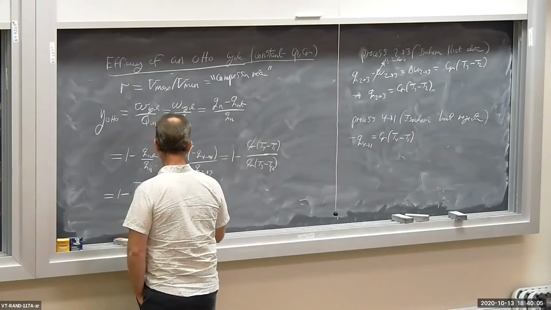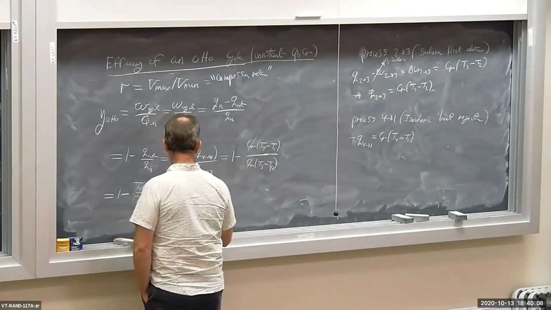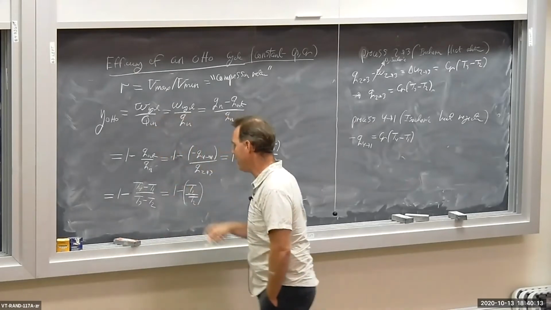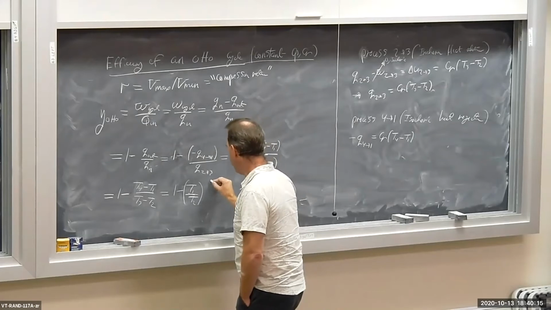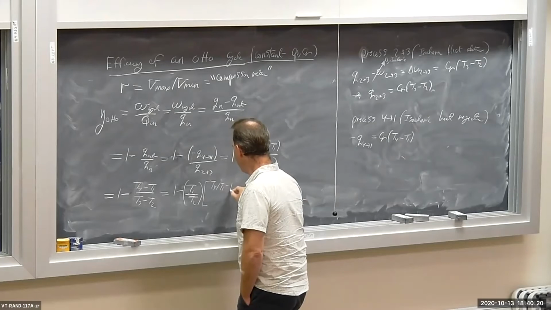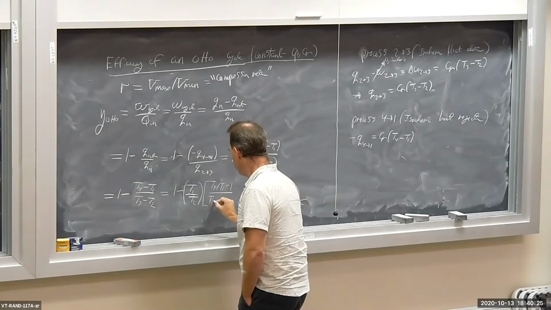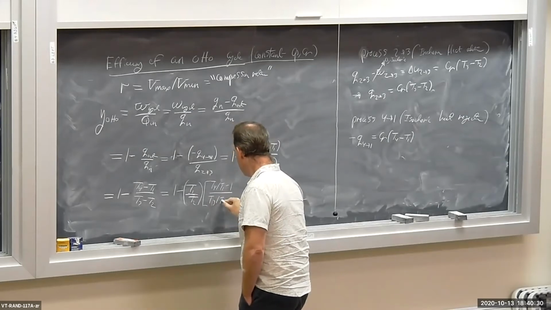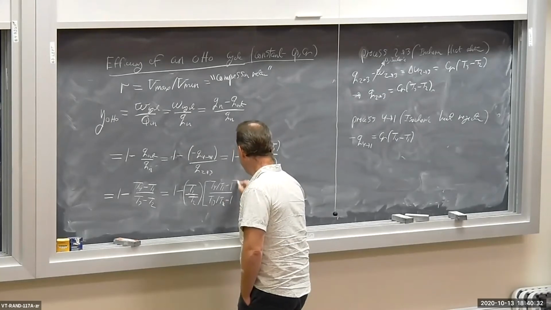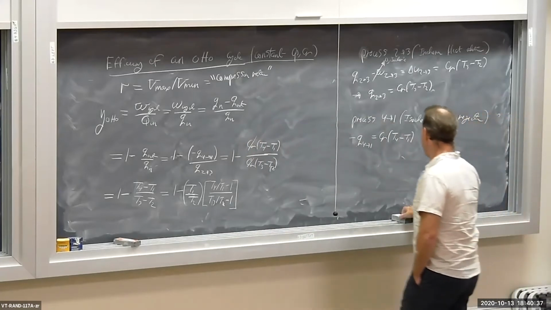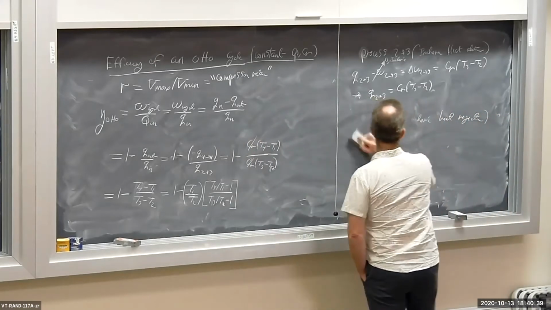So I'm going to do 1 minus T1 over T2, times (T4 over T1 minus 1) over (T3 over T2 minus 1). That might look a little bit strange, but just bear with me for a second.